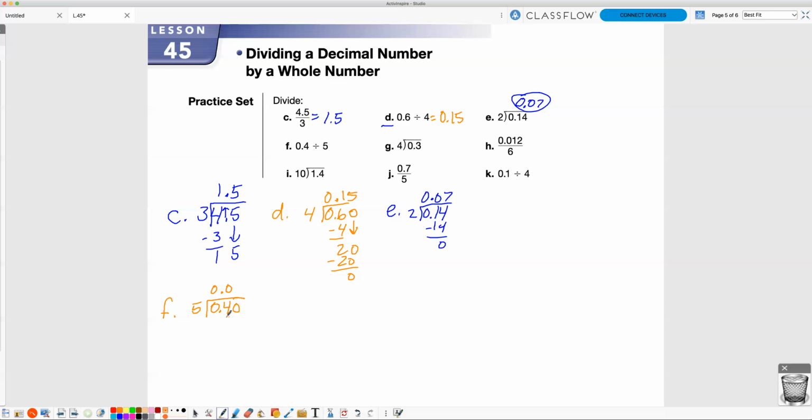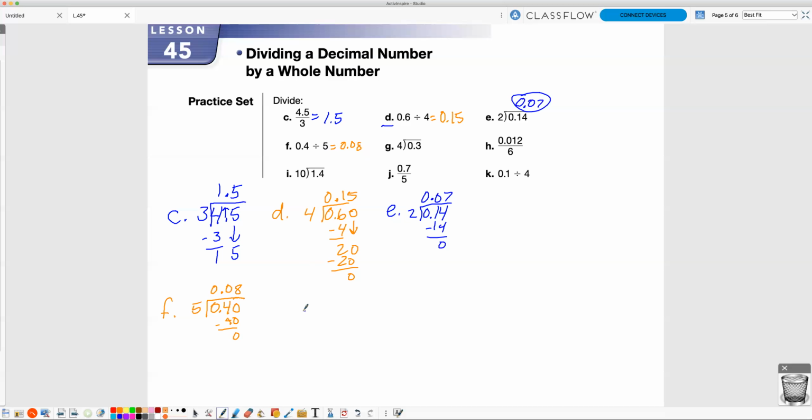So now we have 40 divided by 5, which is 8. 8 times 5 is 40. Subtract that, there'd be nothing left over. So that means that 4 tenths divided by 5 is 8 hundredths. Letter G.